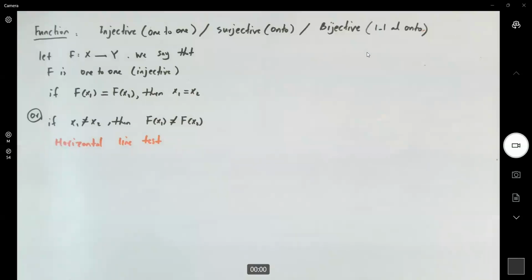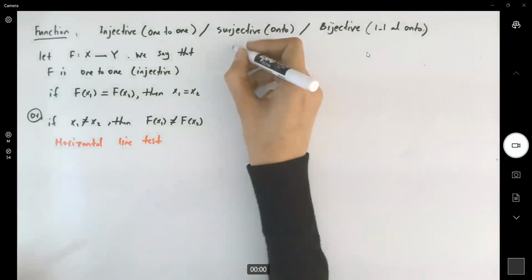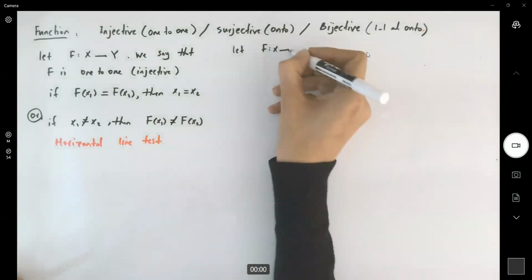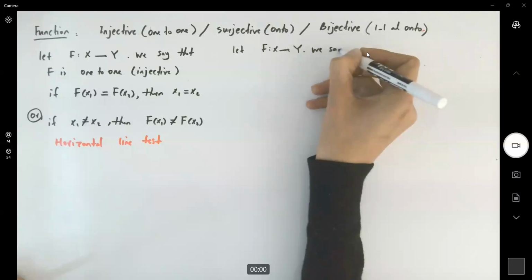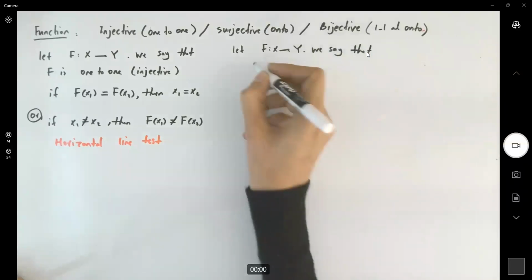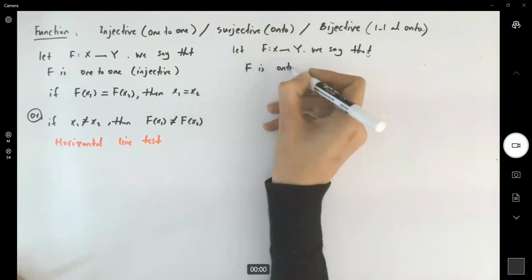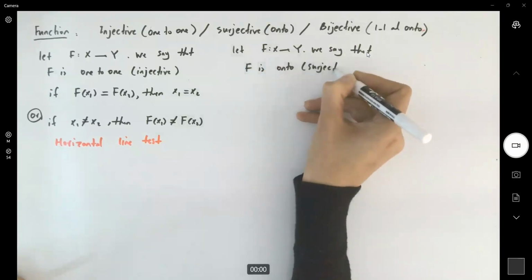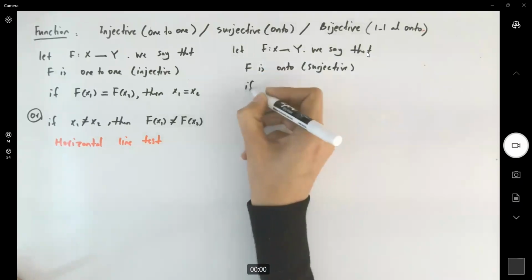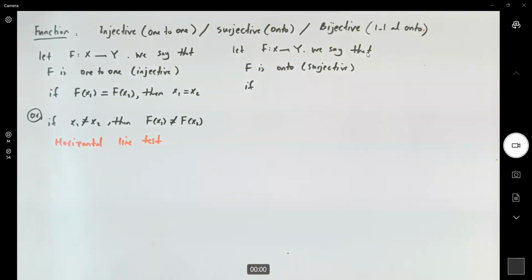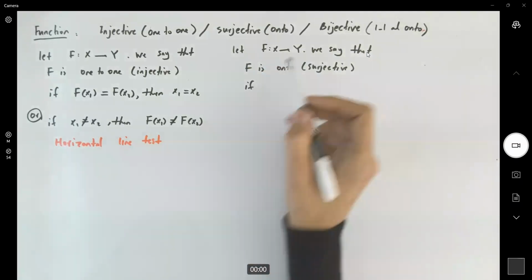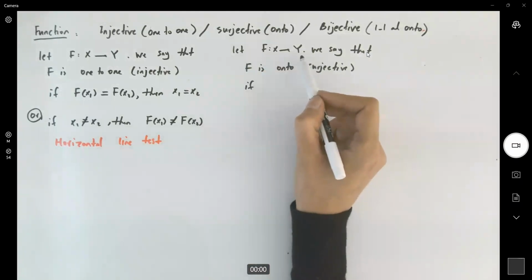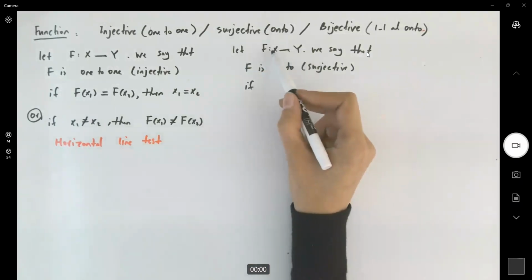Now let us define onto functions and then go over examples. Let f map x to y. We say that f is onto or surjective if for any y value, you can definitely find an x value.